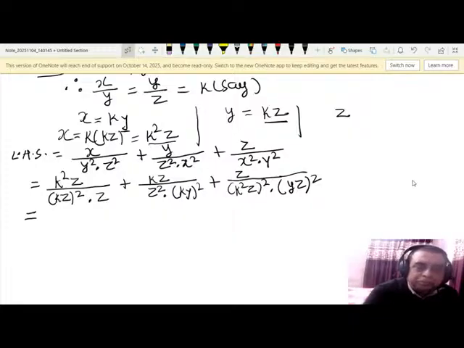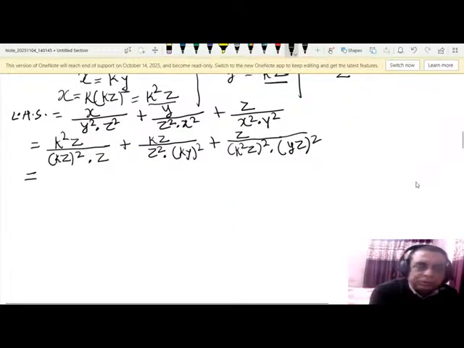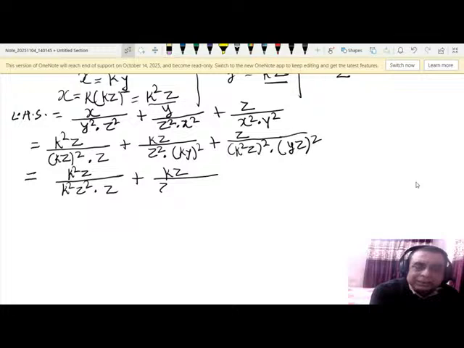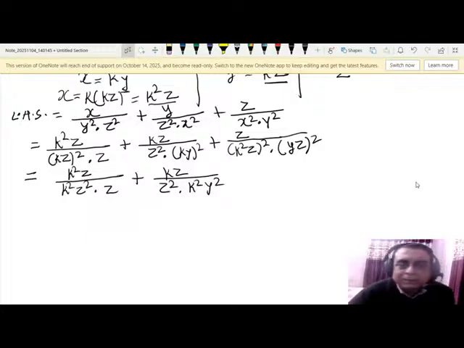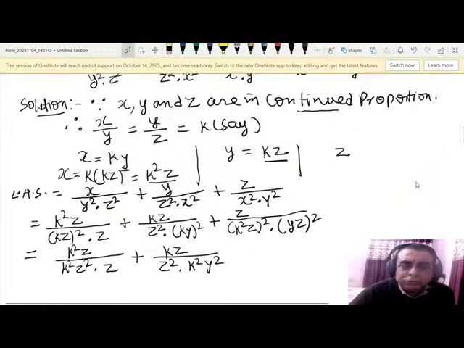Now you please simplify this. So this becomes k squared z divided by k squared z squared times z, plus kz divided by k squared times k squared y squared. Oh, sorry, I have made a mistake. You have to put here x in terms of z.